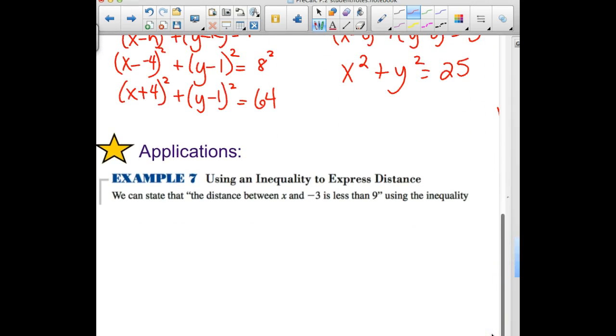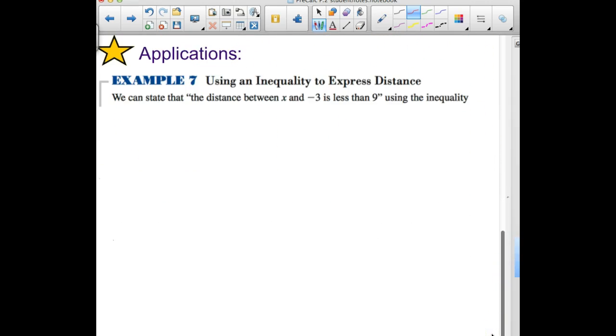All right, a couple applications before we finish for today. Example 7, it says, using an inequality to express the distance. We can state that the distance between x and -3 is less than 9 using an inequality. So distance, remember, was the absolute value, and it says it's less than 9.